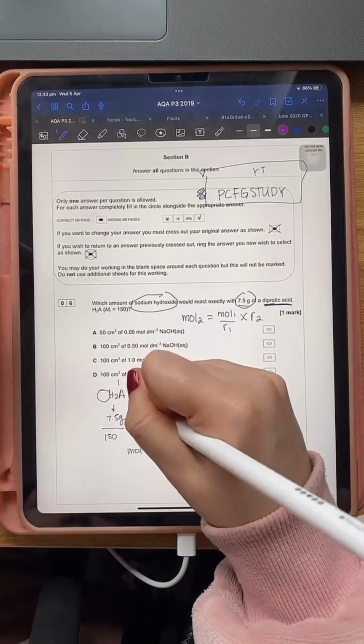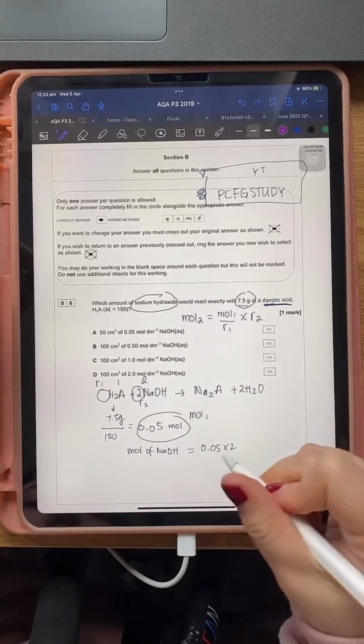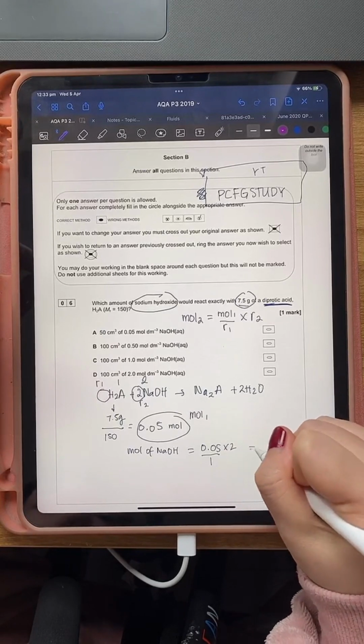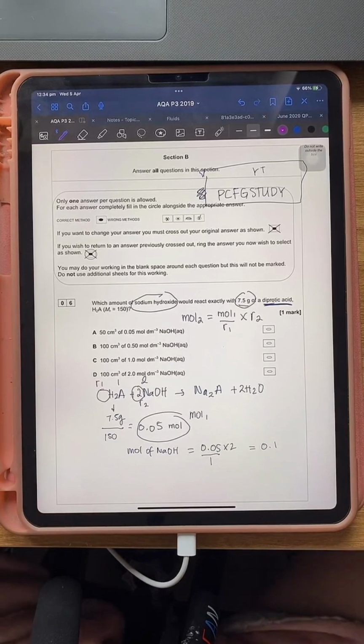So that's 0.05 divided by 1 times 2, and you get 0.1. I'll keep it there for a few seconds so you guys can soak it all in, and then I'll go to the answer.